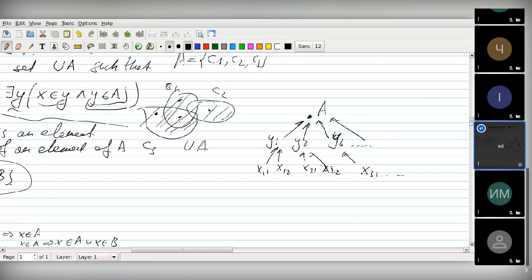What is the union? The union is this set, the set of elements of elements.